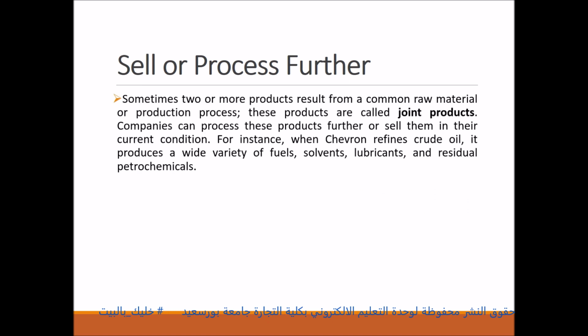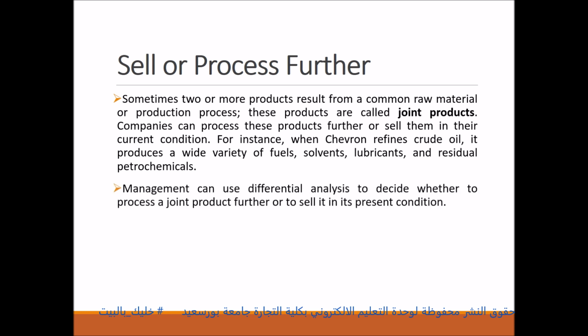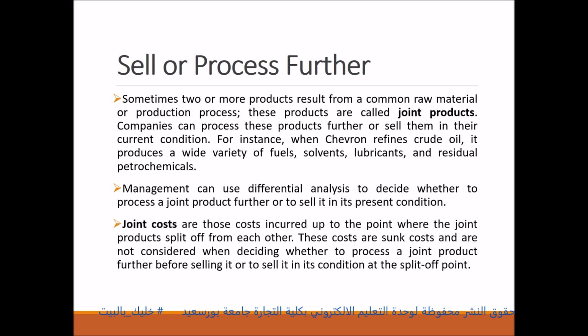Sometimes two or more products result from a common raw material or production process. These products are called joint products. Companies can process these products further or sell them in their current condition. Management can use differential analysis to decide whether to process a joint product further or to sell it in its present condition.